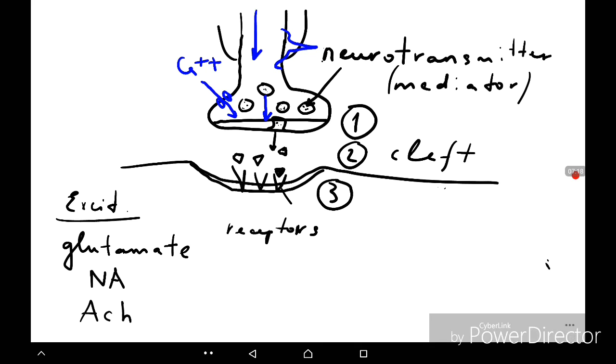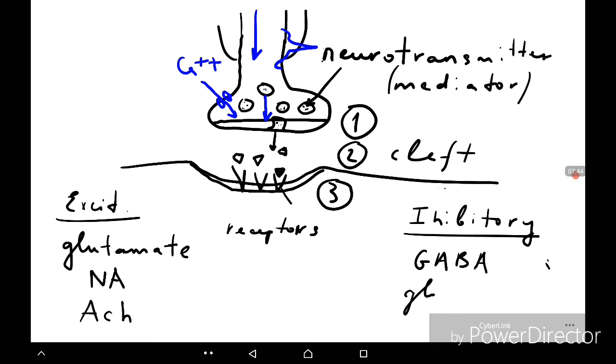They are classical neurotransmitters. And inhibitory neurotransmitters. In the brain, it's GABA, gamma-aminobutyric acid, the most common inhibitory neurotransmitter.